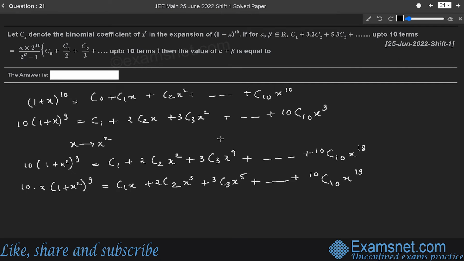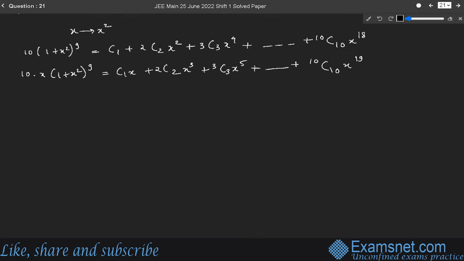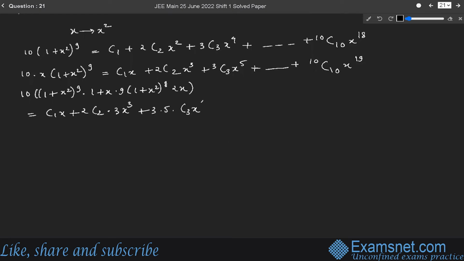Now, again differentiating this term, it will be equal to 10 into (1 plus x square) whole power 9 plus 10 into x into 9 into (1 plus x square) whole power 8 into 2x. It will be equal to C1 plus 2C2 into 3x cube plus 3 into 5 into C3 x power 4 plus so on up to 10 into 19 C10 x power 18.